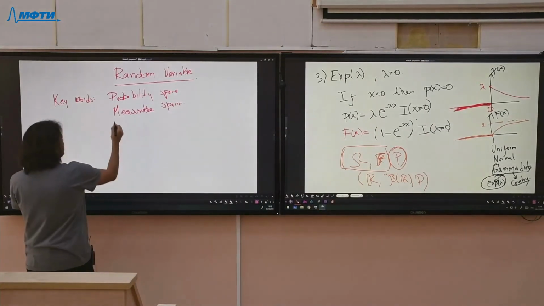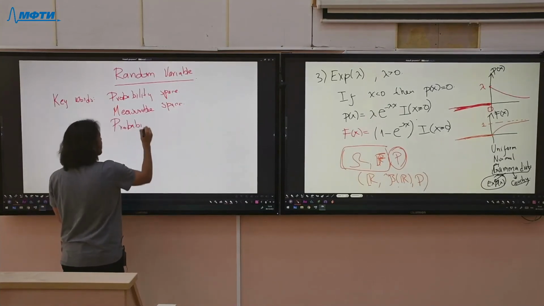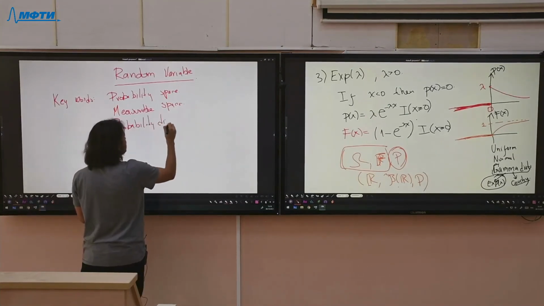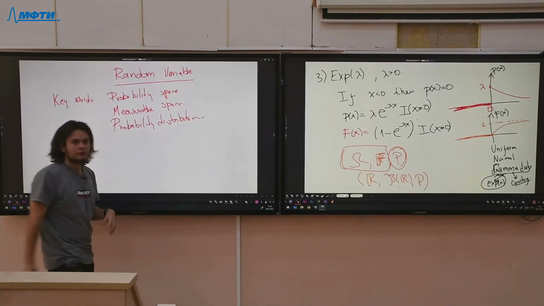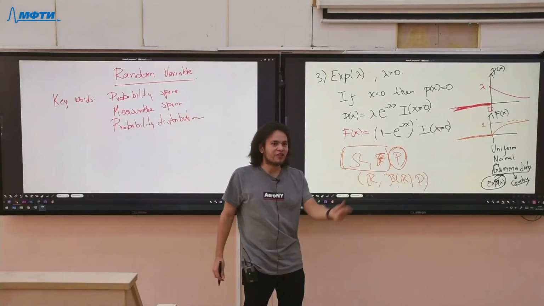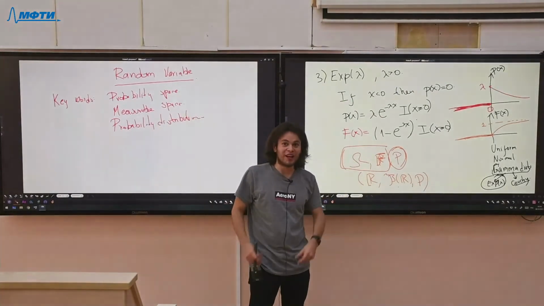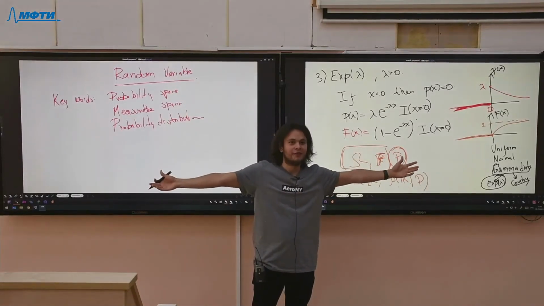So what is a probability distribution? There is not the probability distribution; there are many probability distributions. Give me one example.